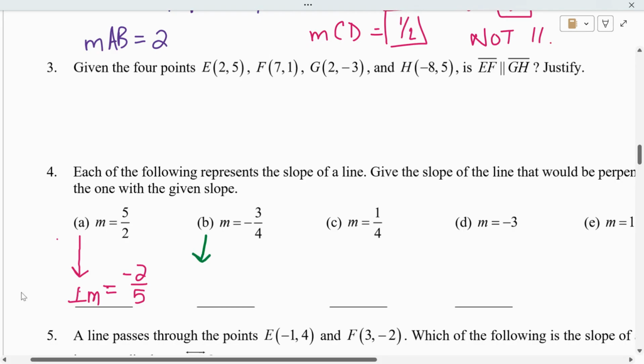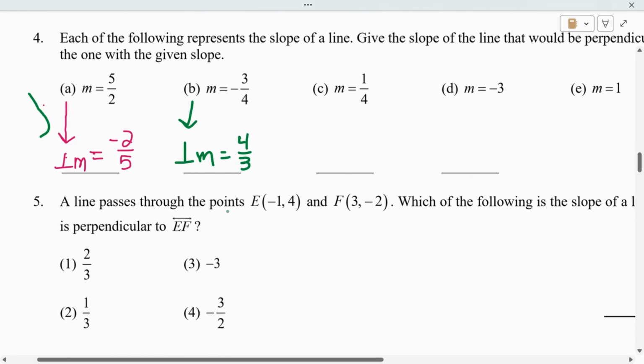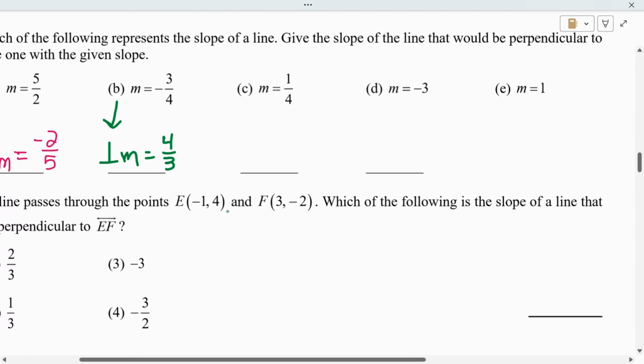This next one has a slope of -3/4. So the perpendicular slope would be the opposite, which is a positive, and the reciprocal, 4 over 3. Okay, so finish doing that up for examples C, D, and E. E doesn't have an answer blank there.